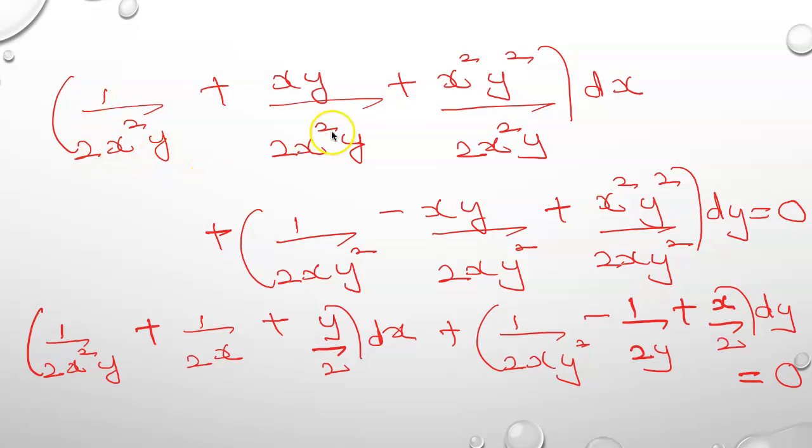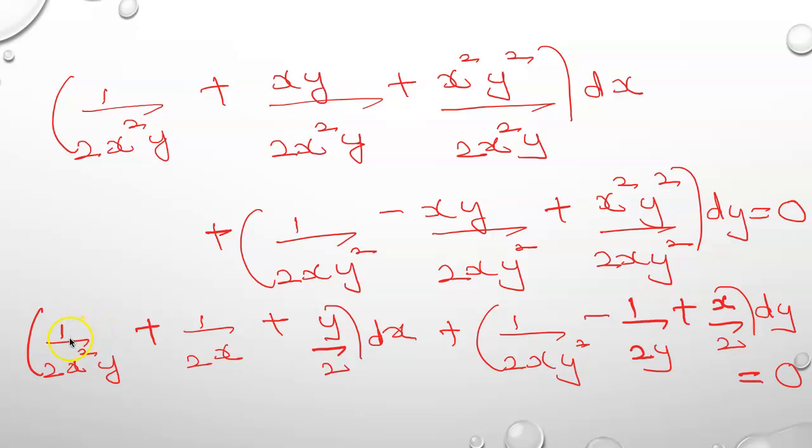1 by 2x squared y plus xy by 2x squared y plus x squared y squared by 2x squared y dx plus 1 by 2xy squared minus xy by 2xy squared plus x squared y squared by 2xy squared dy equal to 0.